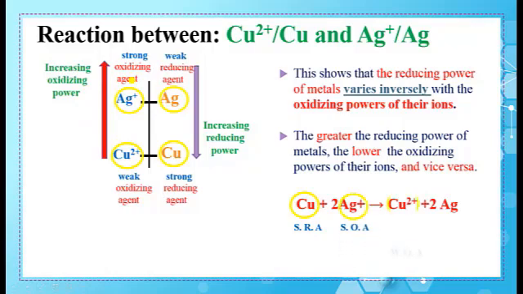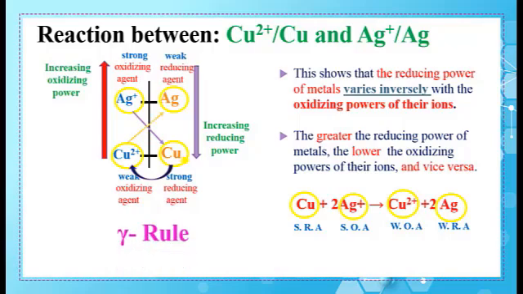Cu2+ is a weak oxidizing agent, and Ag is a weak reducing agent. So the reaction is taking place between the strongest oxidizing agent, which is Ag+, and the strongest reducing agent, which is Cu, to give Cu2+ and Ag.